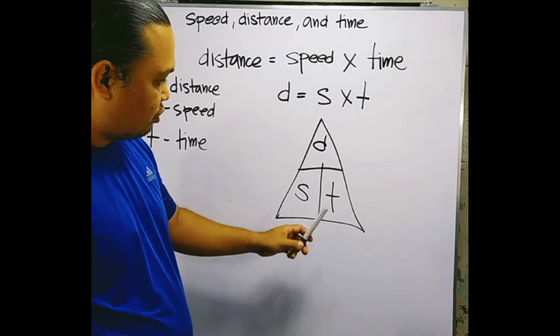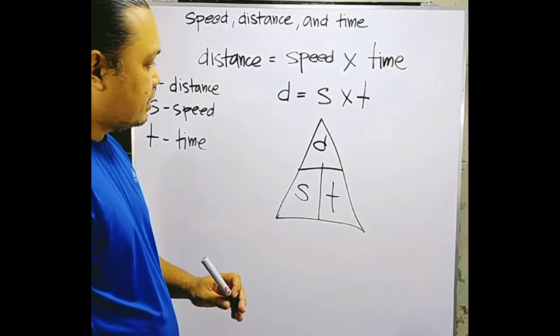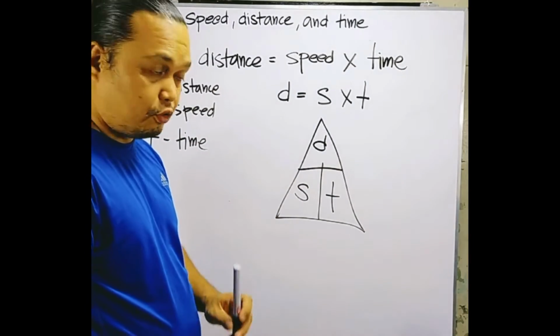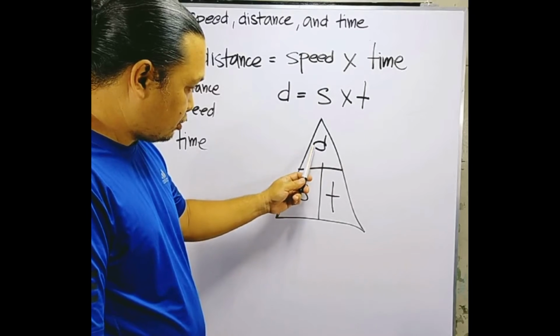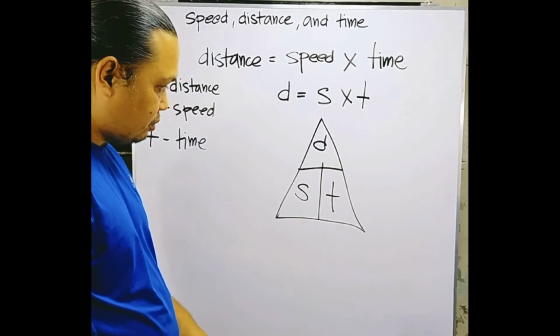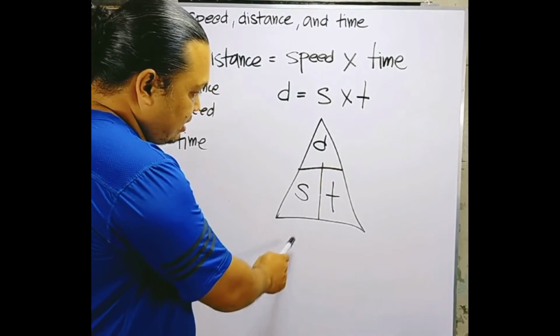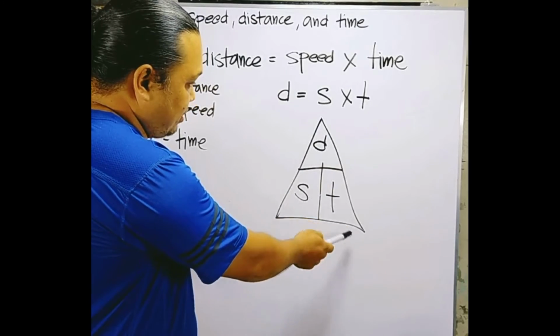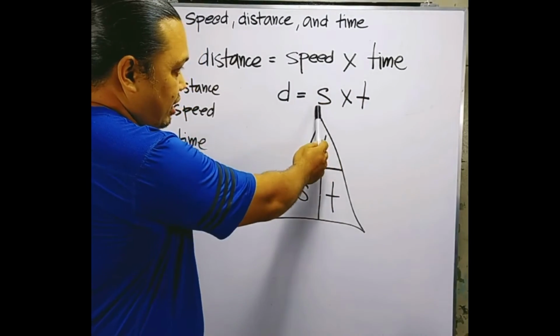If we are going to look for d, or distance, all we need to do is multiply the speed times the time, or s times t.